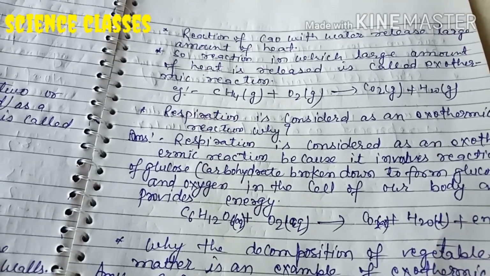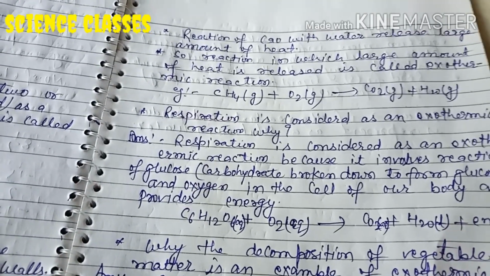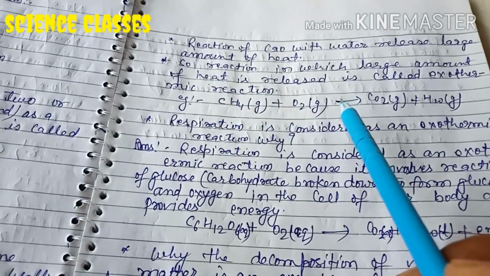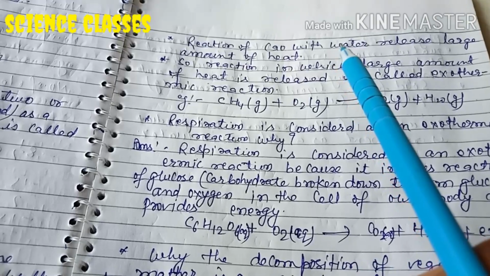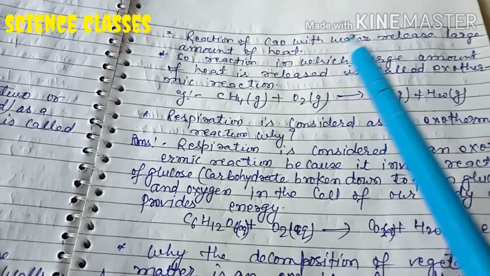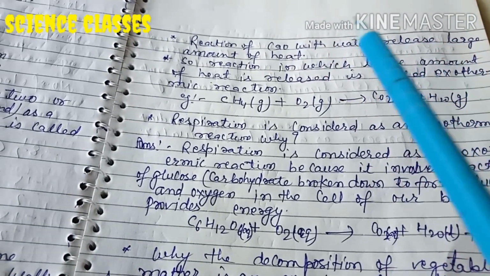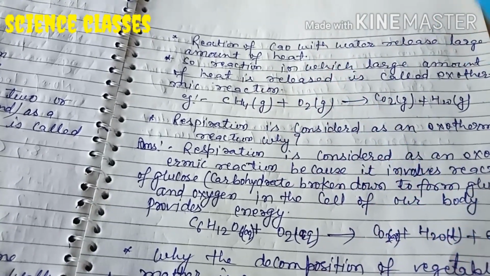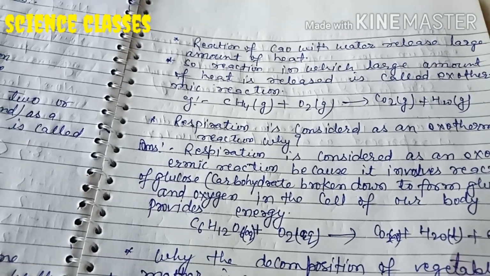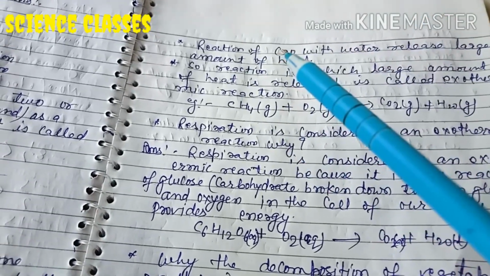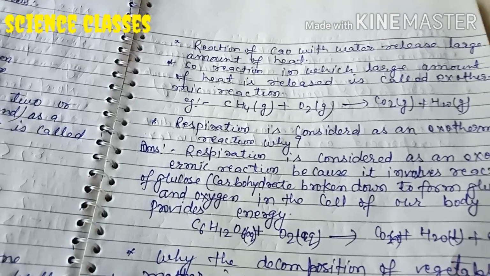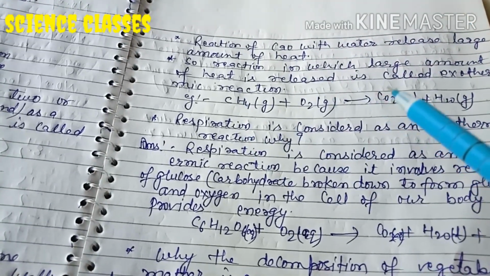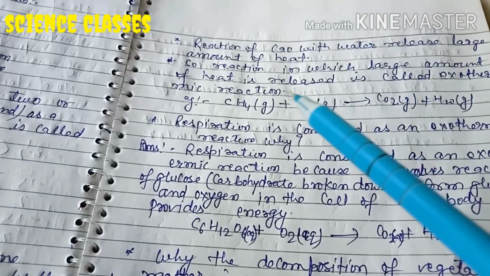So just remember it: a reaction in which a large amount of heat is released is called an exothermic reaction. And a reaction in which heat is absorbed is called endothermic. Heat release, exothermic; heat absorbed, endothermic.